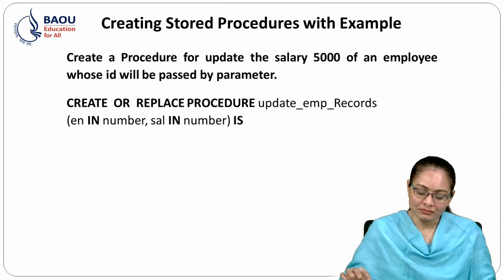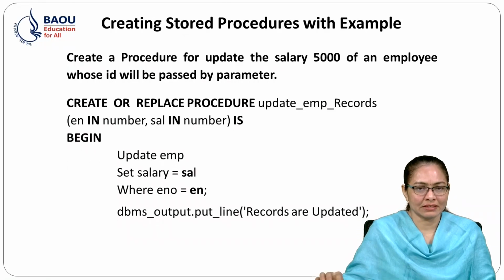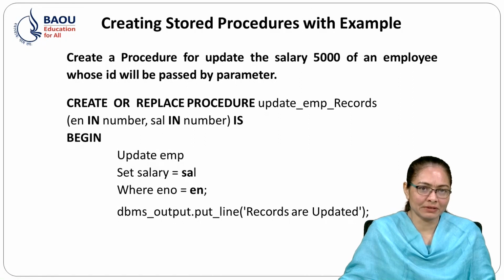Now in the BEGIN section, we have to write the update query. The update query is used to update the salary column value using the SAL variable and match the employee number column using the EN variable, and then display that records are updated.